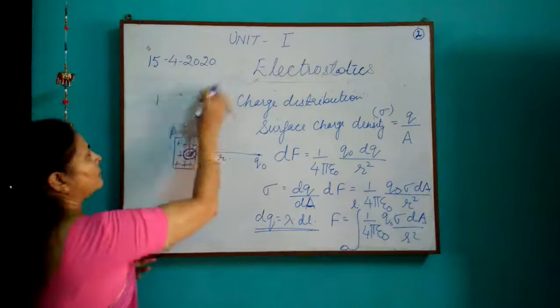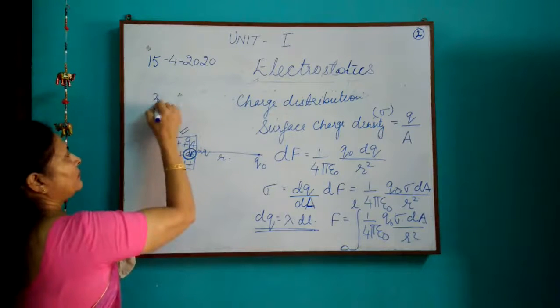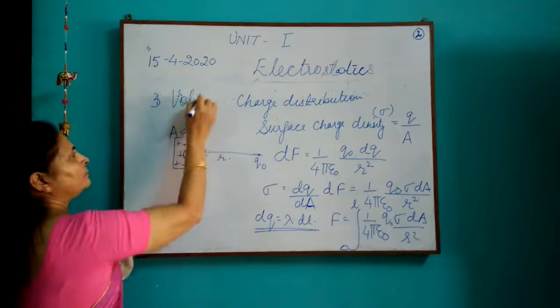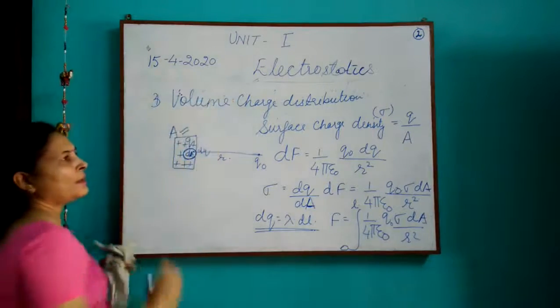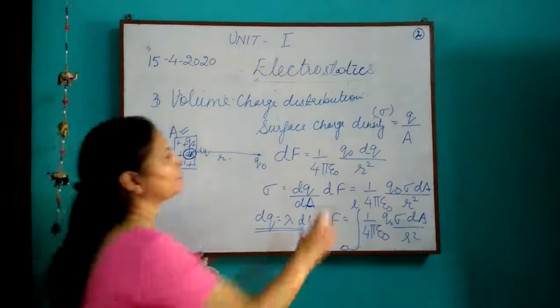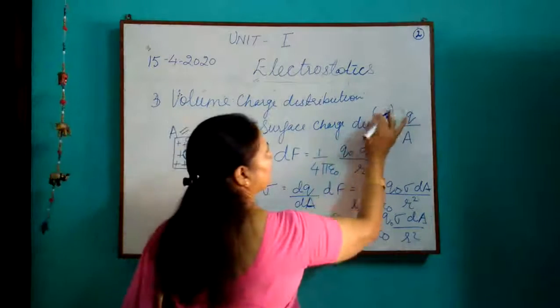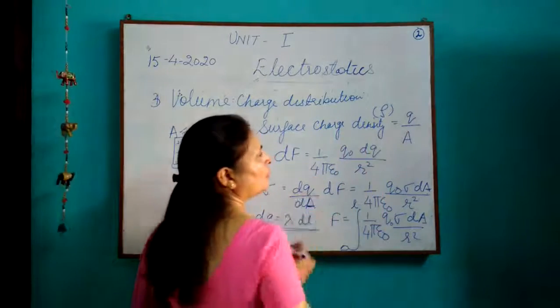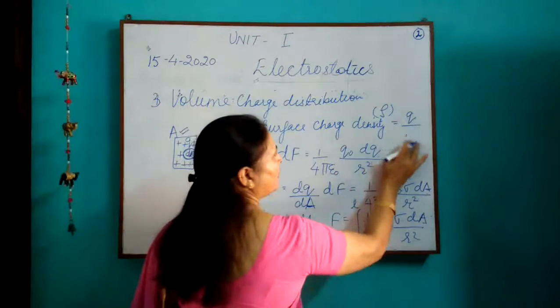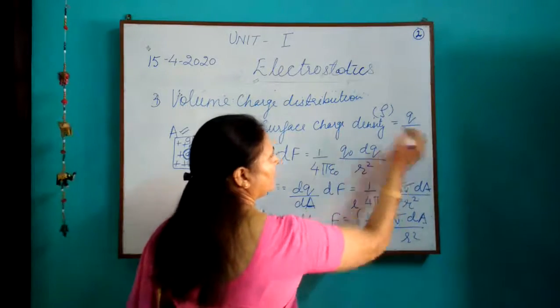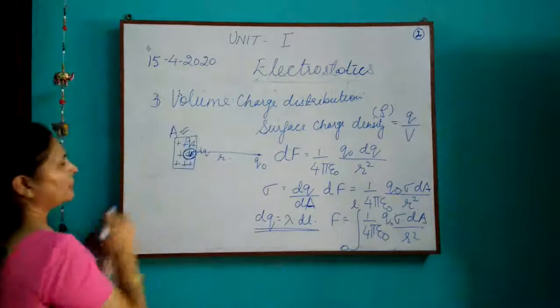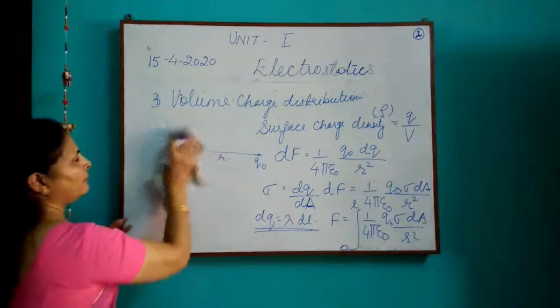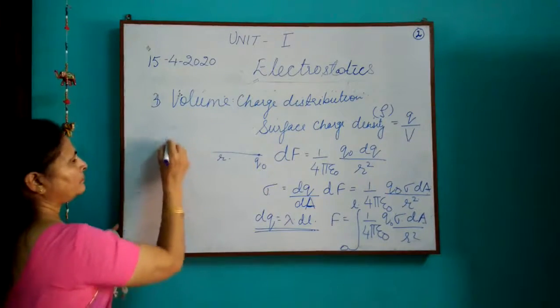So now, the third one, volume charge distribution, which we will denote by rho. Here we'll consider a small volume.